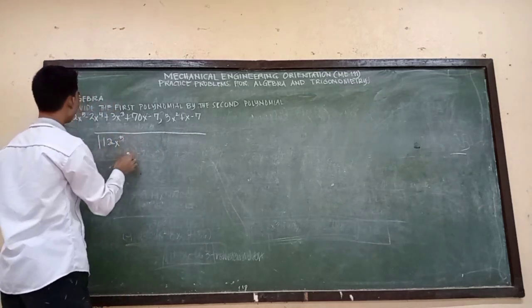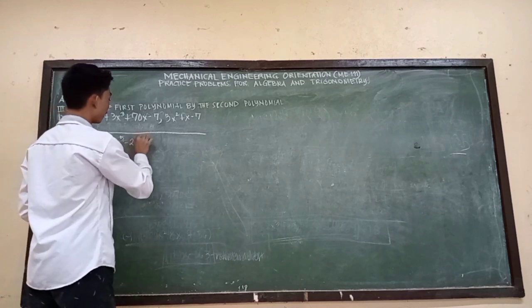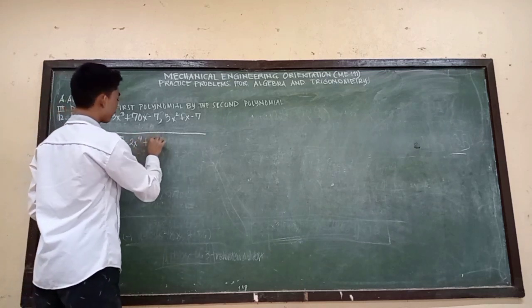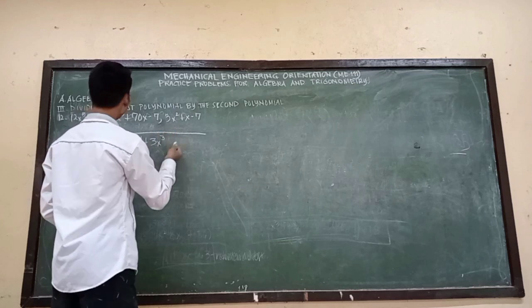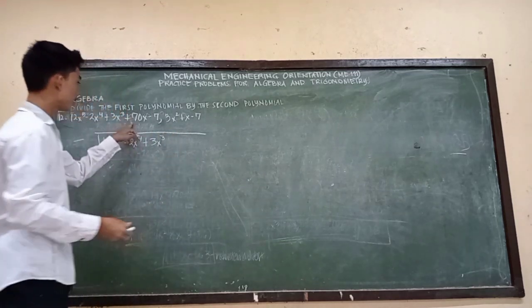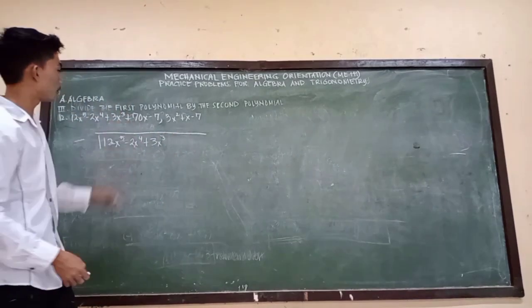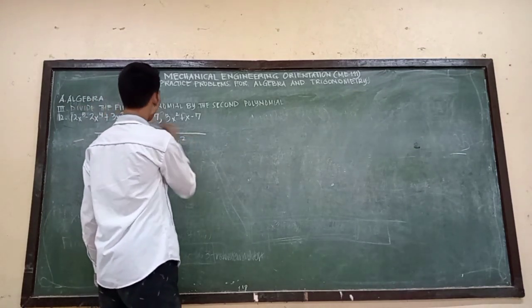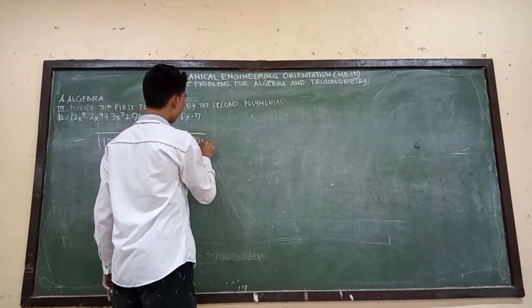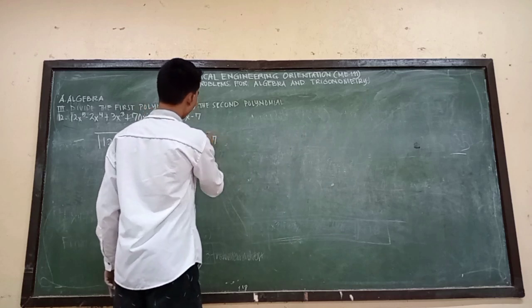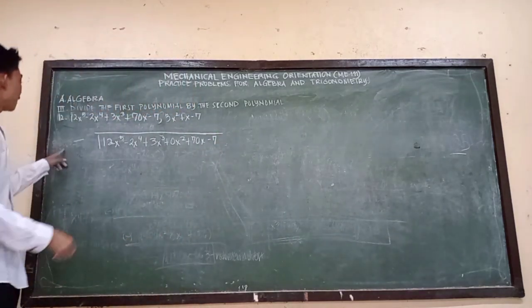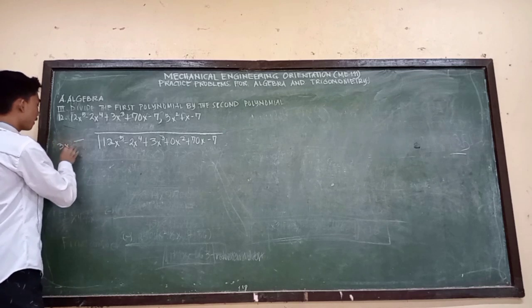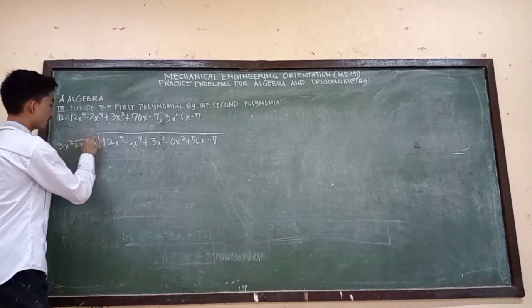Since there is no x squared term, we will just add 0x squared: 12x to the fifth minus 2x to the fourth plus 3x cubed plus 0x squared plus 70x minus 7 divided by 3x squared plus x minus 7.